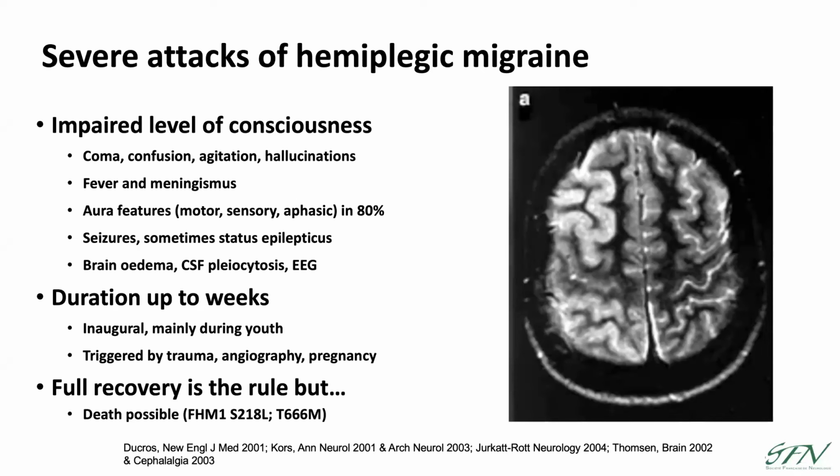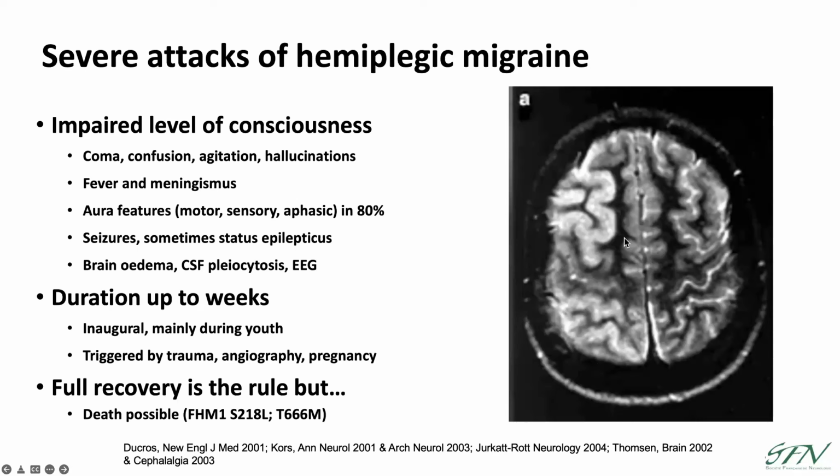So when the patient comes into the emergency department with hemiplegia, fever, and coma, the physicians have to rule out first much more severe causes, like an infectious meningitis, before concluding to a severe attack of hemiplegic migraine.